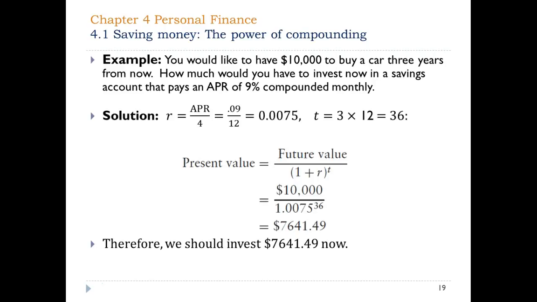Solve the formula on the previous slide for present value, and we have present value is equal to future value divided by 1 plus r to the power of t. 10,000 divided by 1.0075 to the power of 36, and that's equal to $7,641.49. Therefore, we should invest $7,641.49 now.